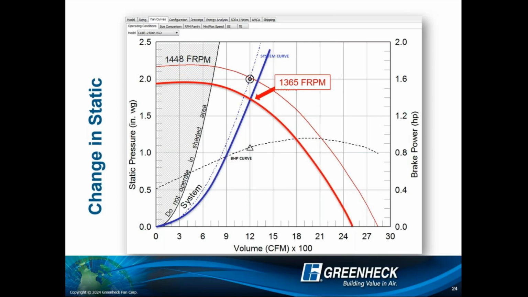Okay, kind of what's a teachable point here. If I have a fan, now I'm starting to play with the technology I've selected as the engineer and saying, hey, does my fan have the ability to slow down? Is it a belt drive where I can change the relationship between the sheave and the pulley, right? Driver and driven. Is this a fan that is running on a VFD or an EC motor where I have quick access to easy balancing, right?